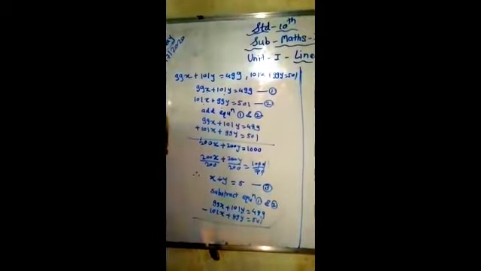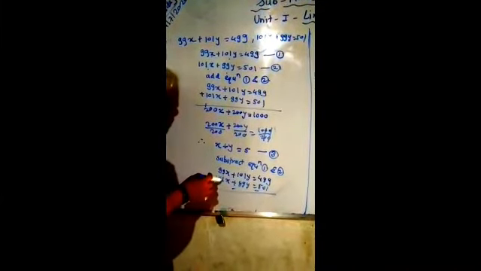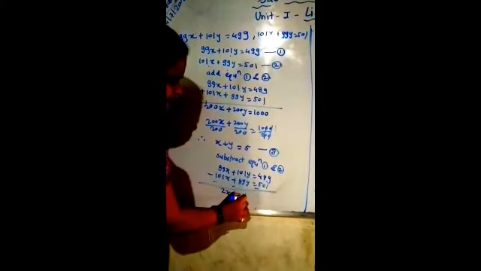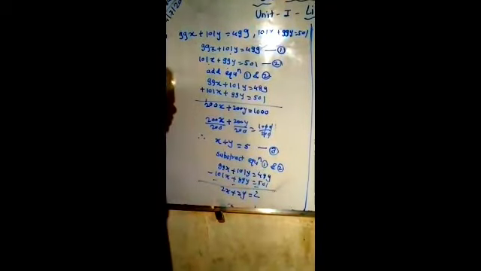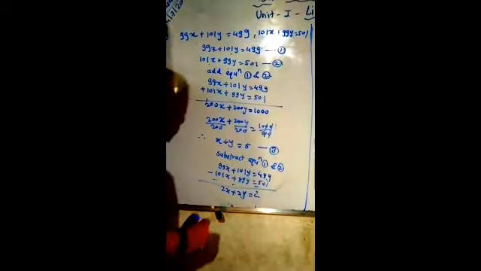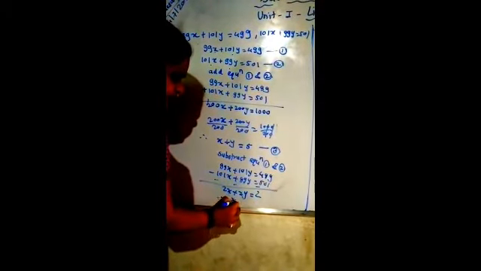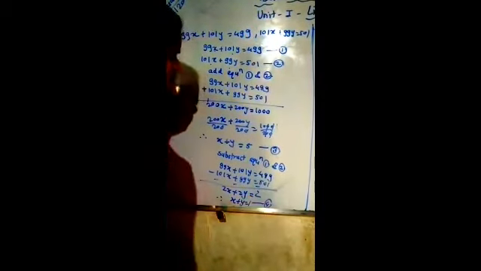In subtraction, here also change the sign first, then carry out subtraction. Here minus 2x plus 2y is equal to minus 2. Then divide by 2 here also. Then write down directly x plus y is equal to 1. It is equation number 4.